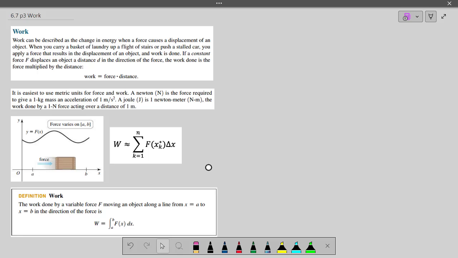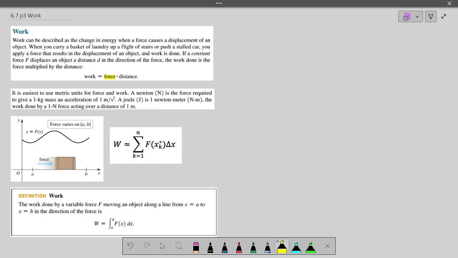So the concept of work, in the simplest case, where you apply a constant force to, say, a block or a wagon or whatever. You're pushing with a constant force. If you are pushing with a constant force, work is nothing more than the magnitude of that force times distance. So work is force times distance.